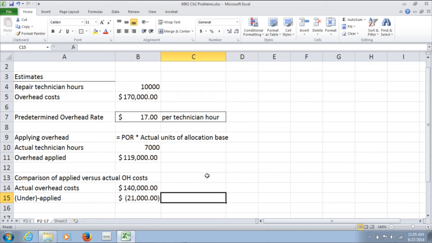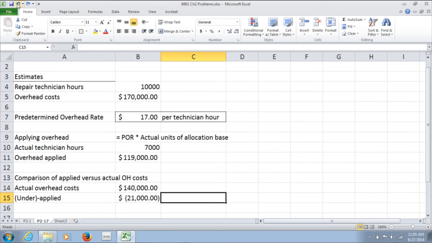So just to change the numbers around a little bit, if this were, say, 150, then we'd see that we've overapplied. So it's nice for me to set up these different rules so that once we have the amount of overhead applied come in, we put the tab in, and all right, that gives us our decision rule.